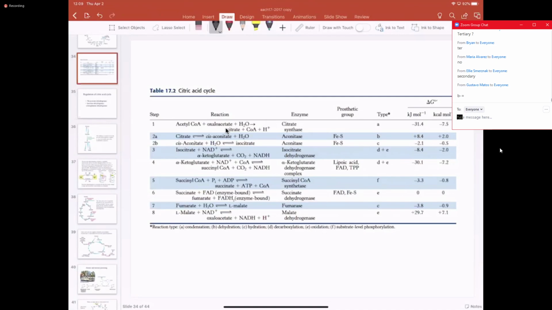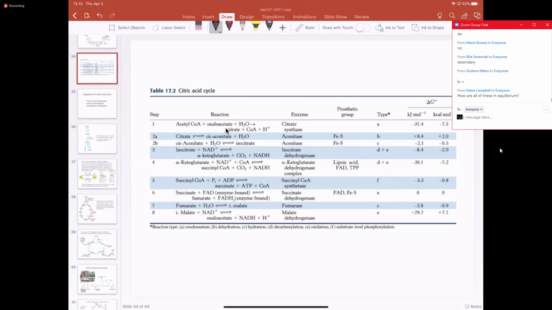That does not take into account what goes on in vivo. In vivo, this reaction actually does take place, in part because the concentrations are such that it is able to do so. So please note again, delta G0 prime, not delta G prime.